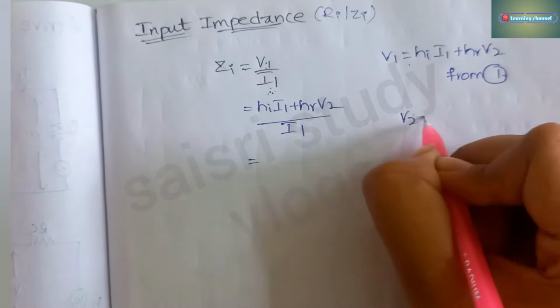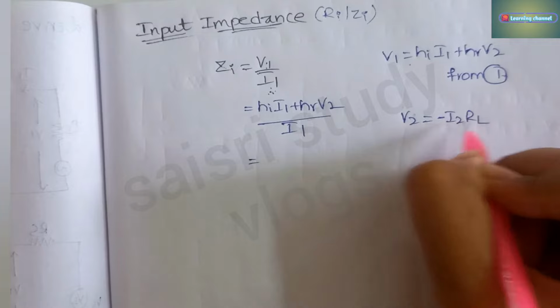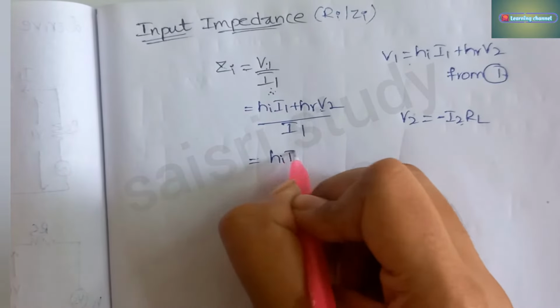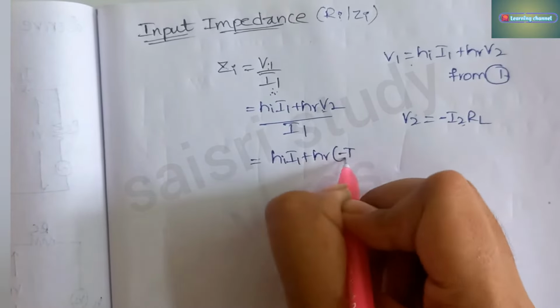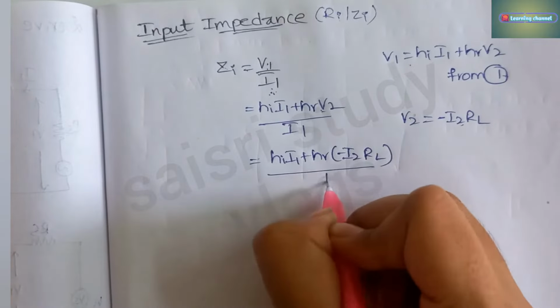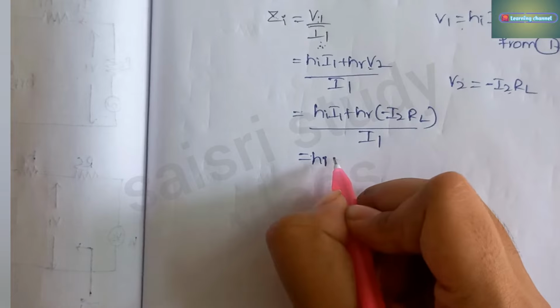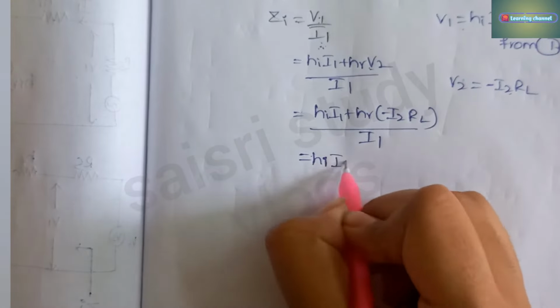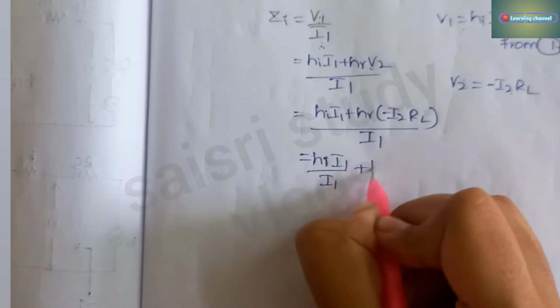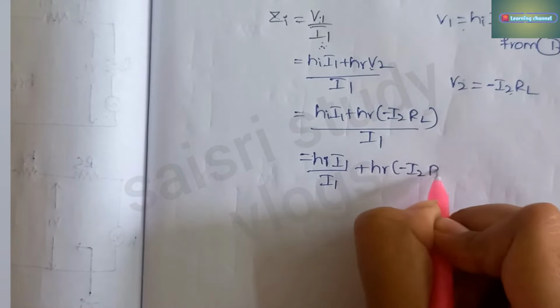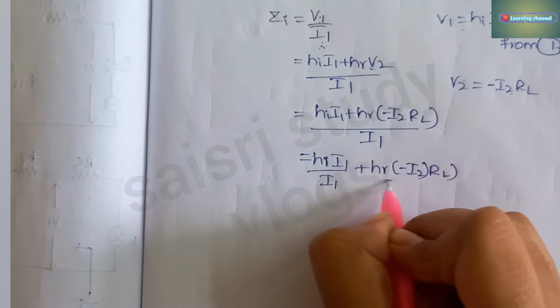We already know that V2 is equal to minus I2 RL. Substitute in place of V2: (HI I1 plus HR times minus I2 RL) by I1. Now the equation becomes HI I1 by I1 plus HR times minus I2 RL by I1.